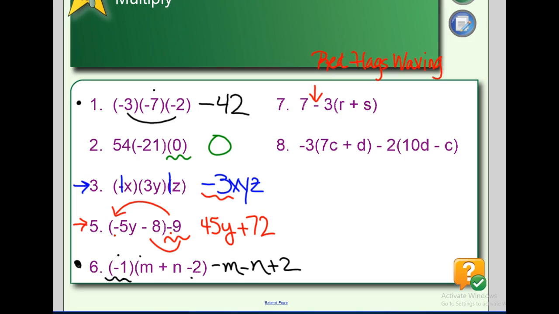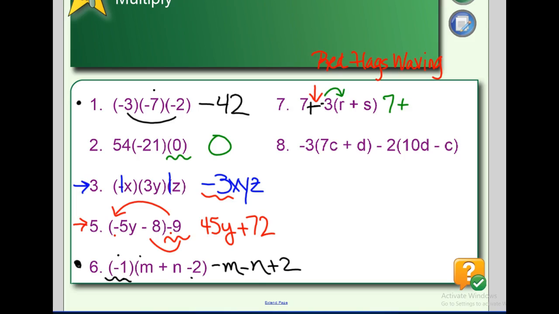Red flags waving means we got to slow down and check out the signs. Now, we know that subtraction means to add the opposite. So I'm going to go ahead and make this plus 3, and then I'm going to make a plus, and then make it negative 3. And now I'm going to use my negative number to do my distributive property. So we've got the 7 out in front, plus, remember, we added the opposite, so we're going to take care of our distributive property with negative 3.